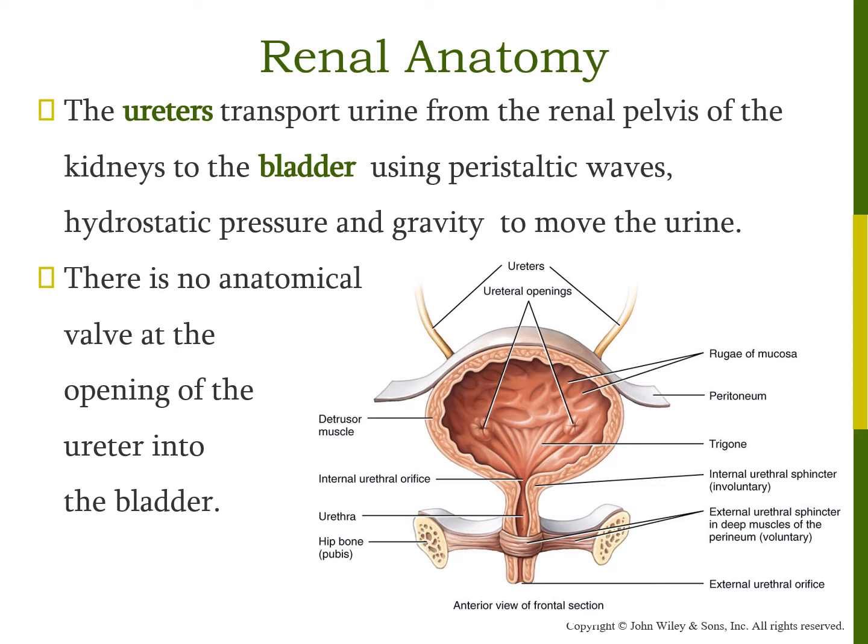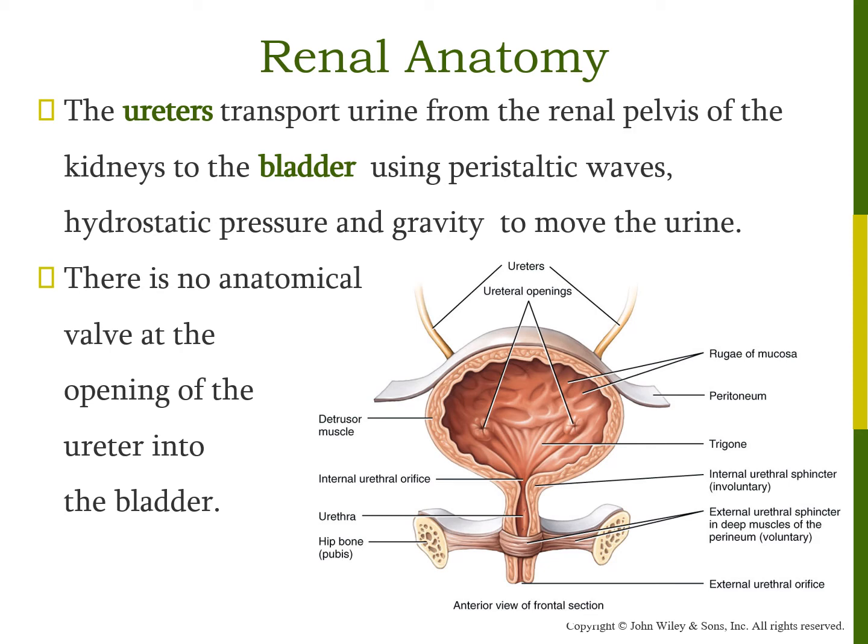The walls of the ureters include a mucosa and muscularis, surrounded by an outer adventitia. The mucosa is lined with transitional epithelium, and the muscularis is 2 layers of smooth muscle in the proximal 2/3 and 3 layers in the distal third.